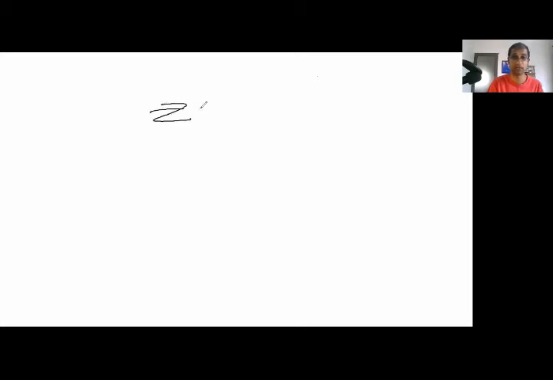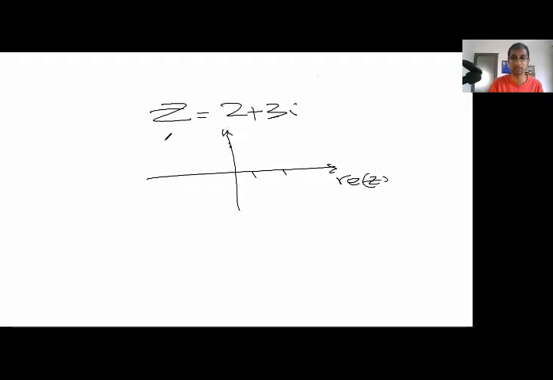So let's say we have Z equals 2 plus 3i. And I draw 2 units on the real axis. It's good practice to label this as Re(Z) and to label this axis as Im(Z). So I'm moving 2 units on the real axis, and then I'm moving 1, 2, 3 units on the imaginary axis.